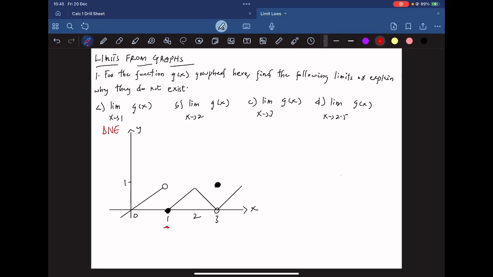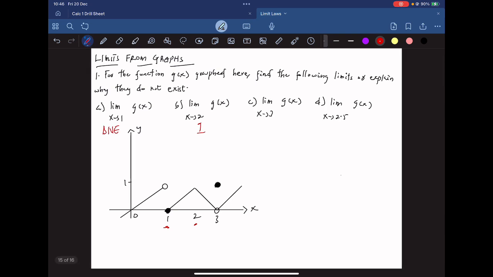For the second one, the B, we move on to 2. As we approach 2 from the left, from this direction, we see that it goes to 1. And as we approach it from the right, that also goes to 1. Since the left-hand limit and the right-hand limit are both 1, we can say that this is 1.